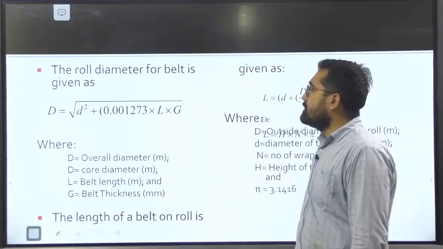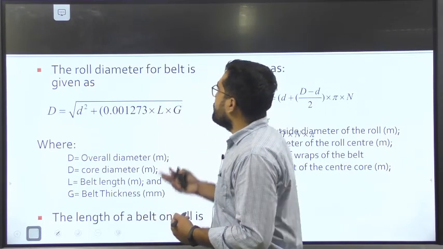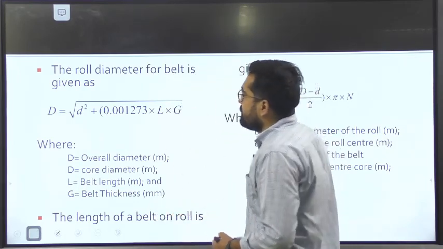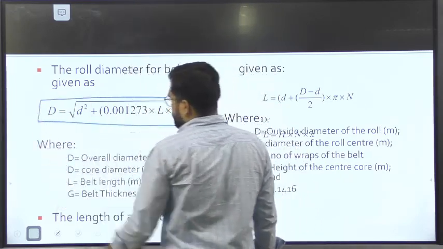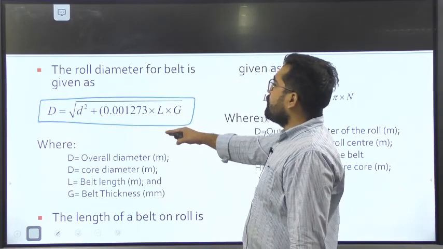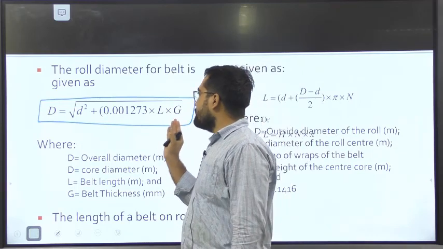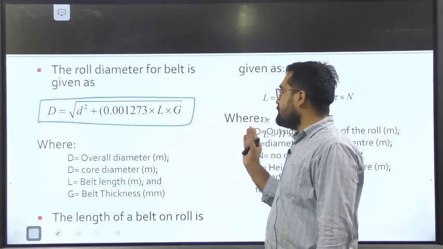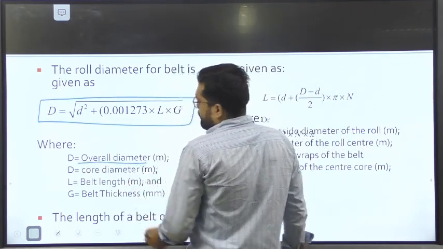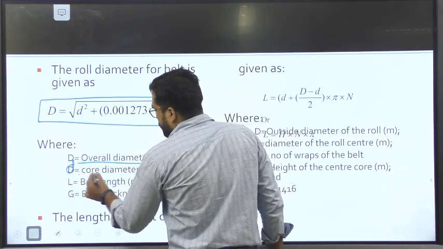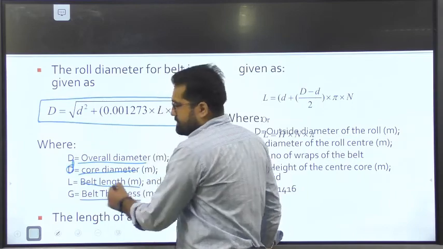Once we find the roller diameter, there is another formula for roller diameter for the belt: D equals root over D square into constant, which is 0.00127 into Lg, where D is the overall diameter and small d is the core diameter of the roller, L is the belt length, and g is the belt thickness.